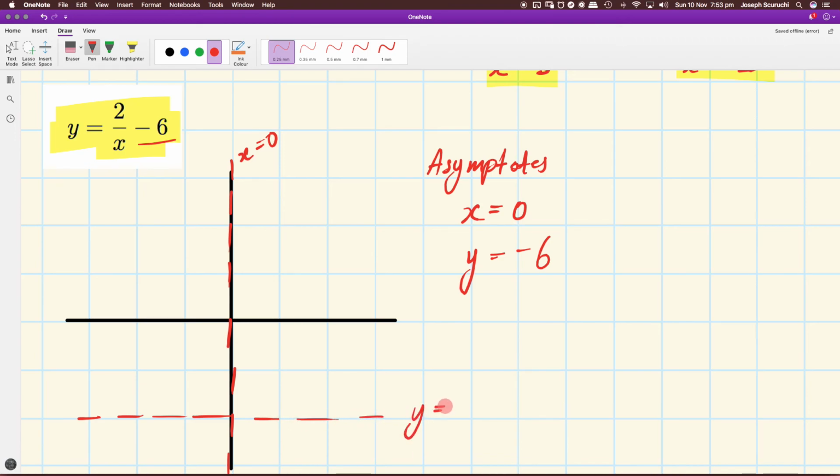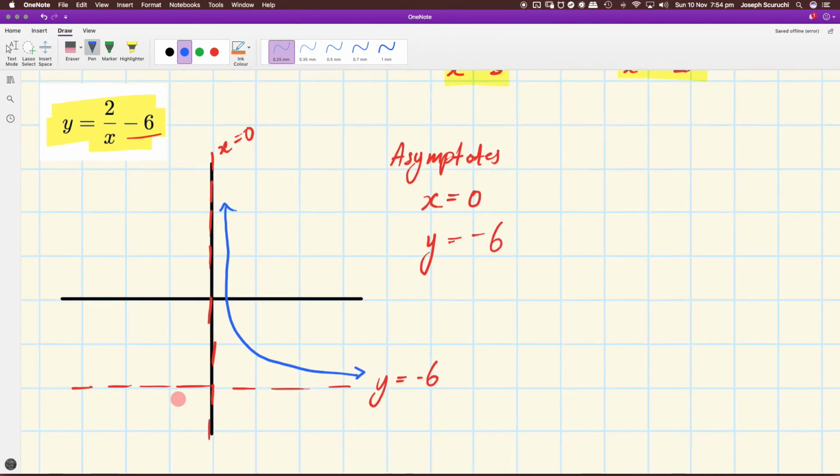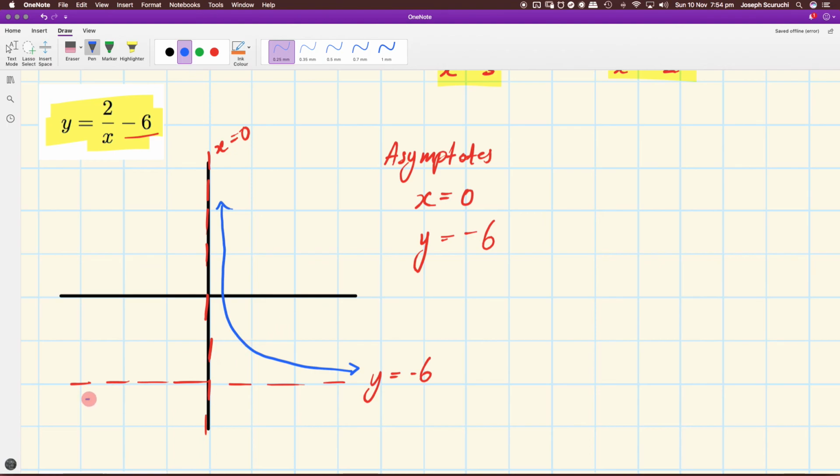Y equals -6. Perfect. And then I would simply draw it in. I'm going to have to zoom out a bit because it will be here. Perfect. So this really shows you the importance of first defining what my asymptotes are, and it's just far easier to graph it after that.